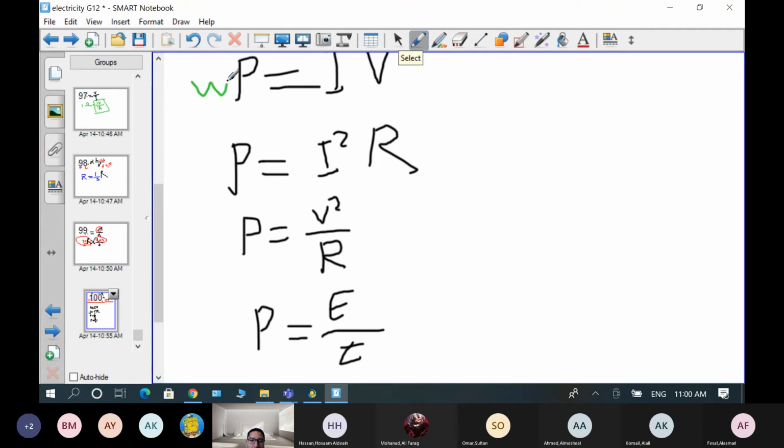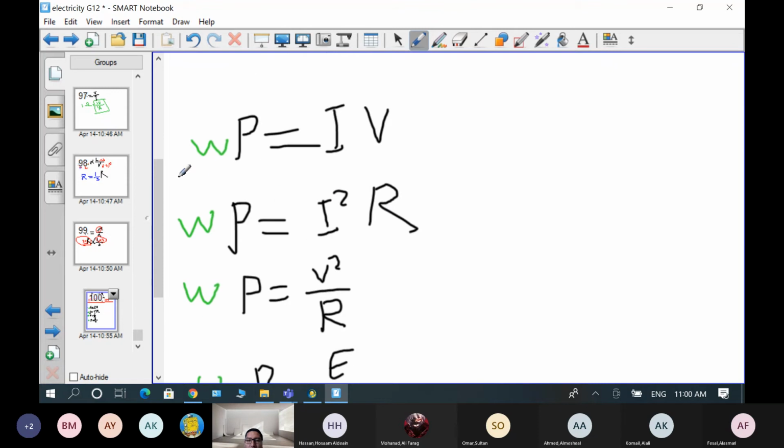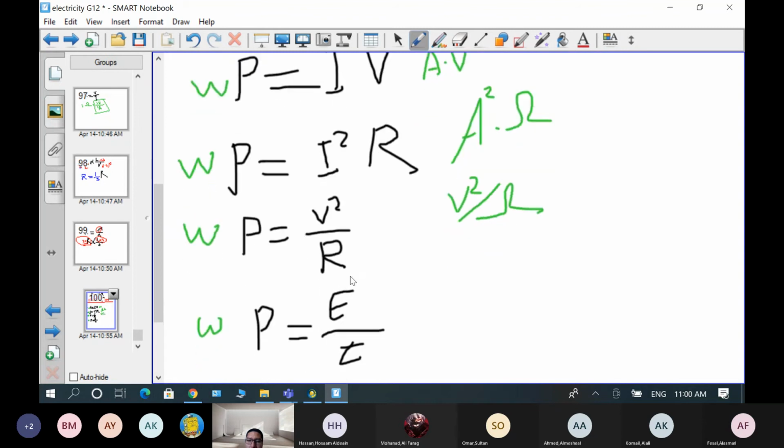Let me type it here: measured in watts. So what is equivalent to all of this? I is measured in amperes, and voltage in volts. So ampere multiplied by volts is equivalent to watt. Again, power equals I squared R, so ampere squared times ohm is another equivalent unit of watt. Power equals V squared divided by R, so volts squared divided by ohm is equivalent to watt.